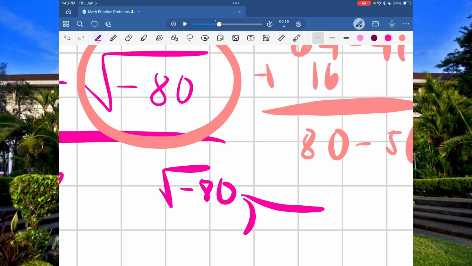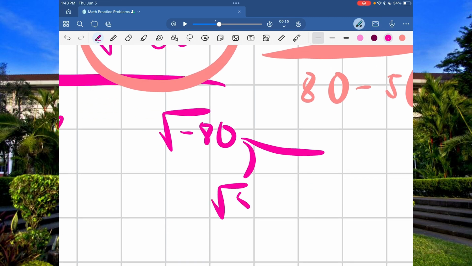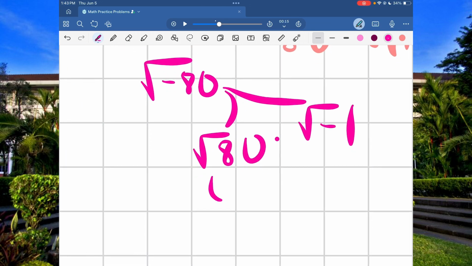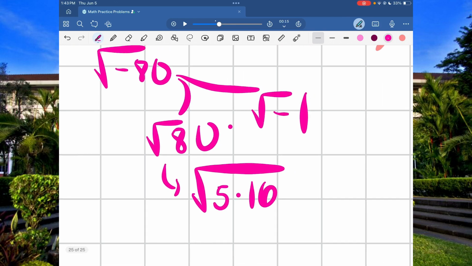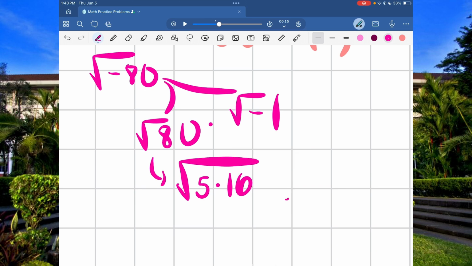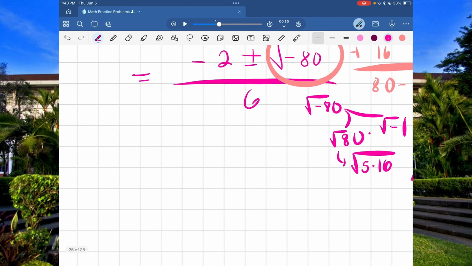So the square root of negative 80 is going to be the square root of 80 times the square root of negative 1, and this can be turned into 5 times 16, right? And the square root of 16 is 4, so we'll only have the square root of 5, and this is i.